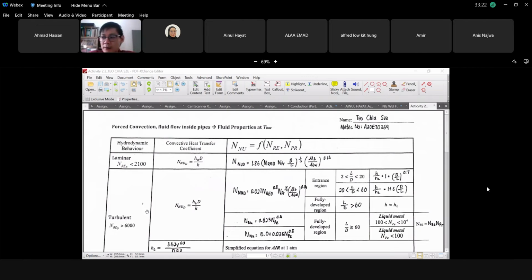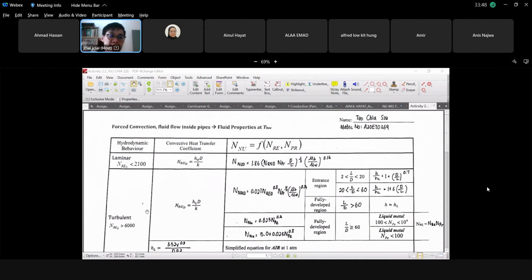In my opinion, yes, most of the time for heat transfer, turbulent is preferable. Why? Because in turbulent flow, you see the flow mixes very well, right? So this actually helps a lot in increasing the heat transfer.